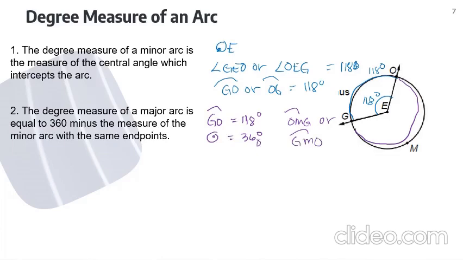So, you're going to subtract 360 degrees minus 118 degrees, and that will be the measure of arc GMO or OMG. And the answer is 242 degrees. Therefore, tong arc GMO or OMG, the measure of this one is 242 degrees.